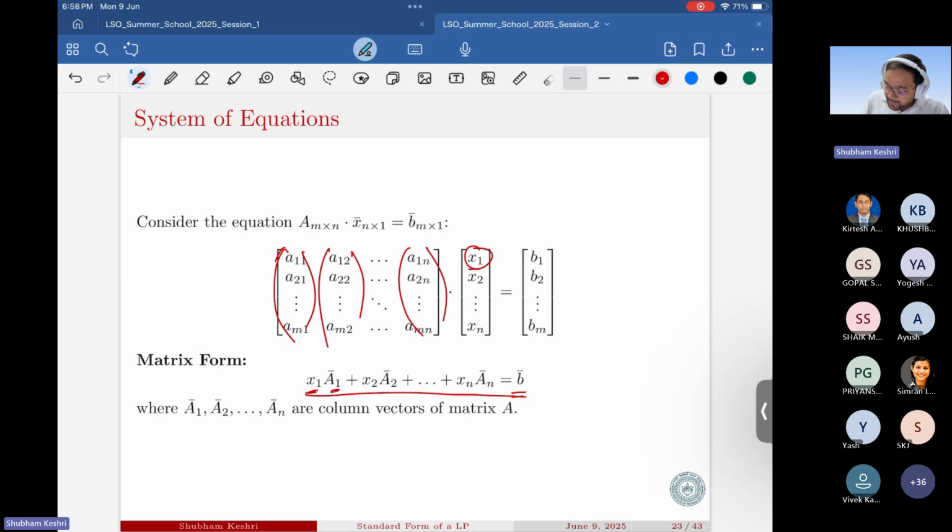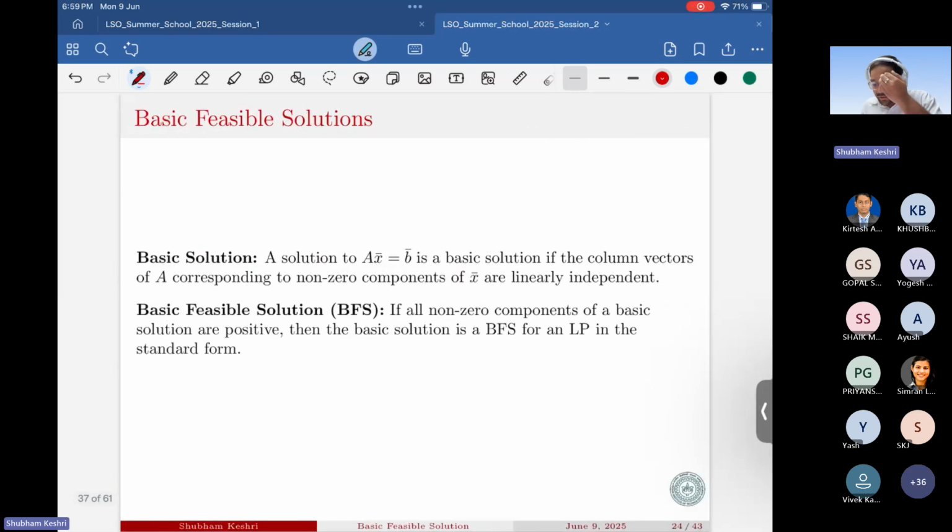So x1 is multiplied by the first column, x2 is multiplied by the second column, and so forth. It is just a different way of writing the same equation. So a1 bar, a2 bar, and an bar are column vectors of the matrix A. Is that all right? Okay, I suppose it is all right.